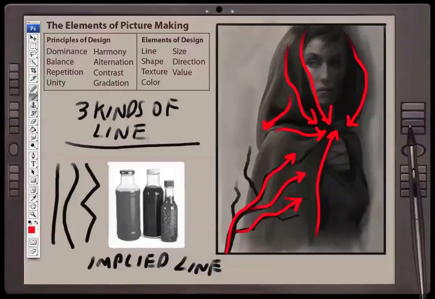So you see, all of these different lines, the actual lines and the implied lines, serve a purpose, and that is to move the eye of the viewer in the direction in which I want that eye to be led, which is toward the figure and the face, the center of interest. This is how you need to plan your compositions.